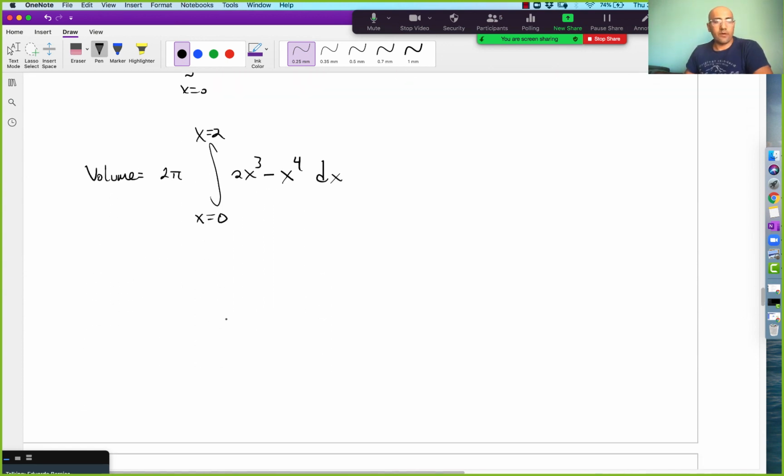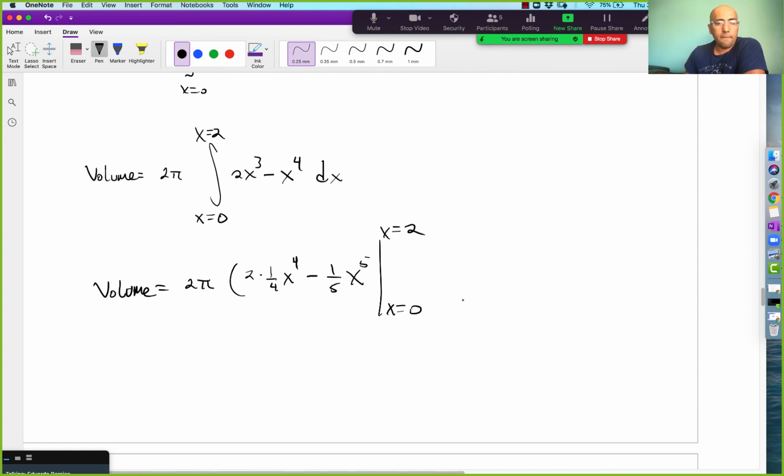That's a nice, pretty polynomial. So the volume is equal to 2 pi, and then that'll be 2 times 1/4 x to the 4th power minus 1/5 x to the 5th power, evaluated as x goes from 0 to 2. That simplifies to a half.